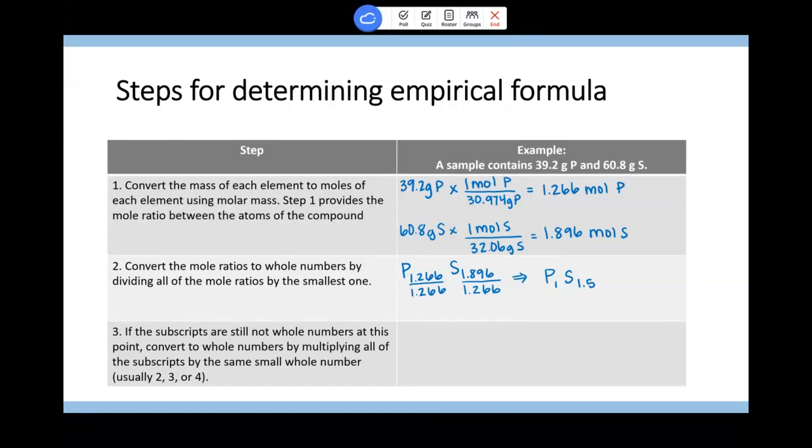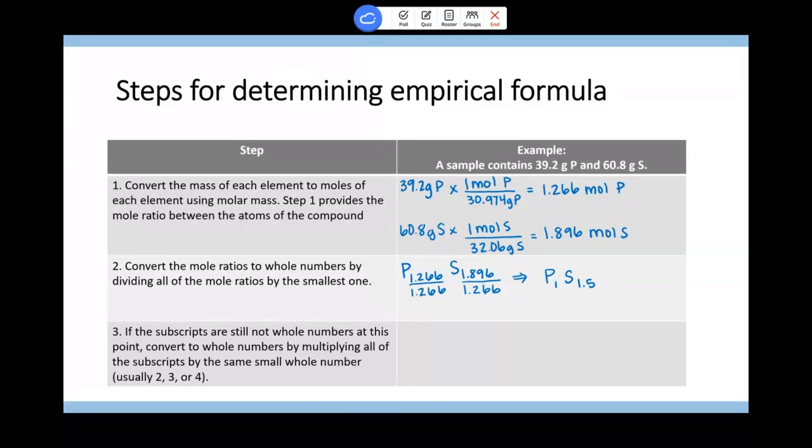So if the subscripts are still not whole numbers at this point, convert to whole numbers by multiplying the subscripts by the same small whole number. Usually we're multiplying by 2, 3, or 4, and it's whatever number is going to give you whole number subscripts. So in this case, if we multiply by 2, this will be 3, that will be 2.